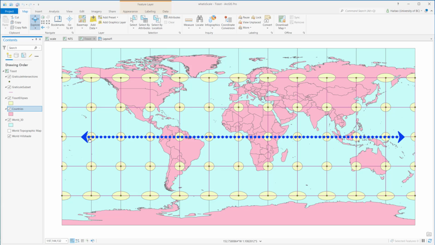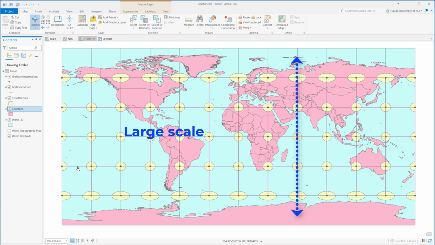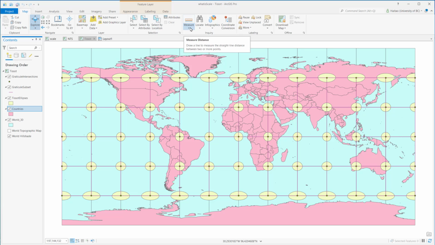The scale stays the same along the same latitude, but gets continually smaller following the longitude from the equator to the north or south. Therefore, we cannot use the same ruler to measure the distance on small-scale maps. Today, GIS software helps us solve the problem, so we can directly use these measure tools to measure distance.